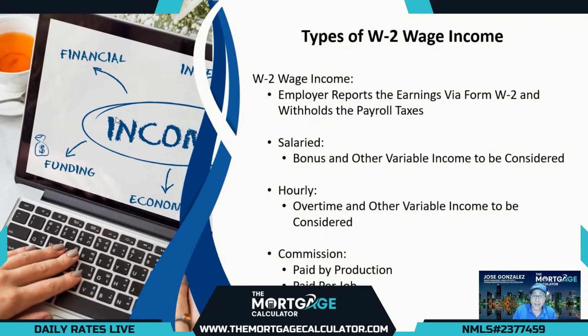So if they get paid once a month, right, then their income is going to be their annual salary divided by 12. If they get paid twice a month, right, that's 24 pay periods, it would be their annual income divided by 24, and then times two to get the monthly.